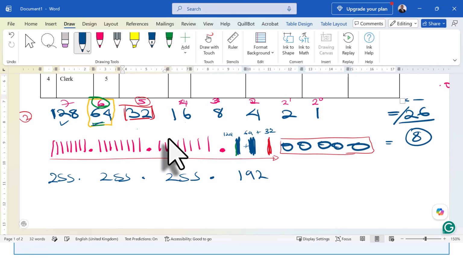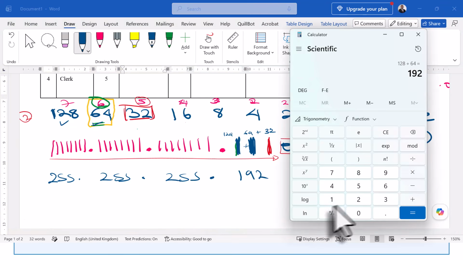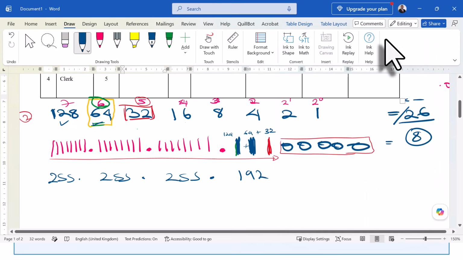So we can get our calculator. Let me get my calculator here on the computer. Bring it up. Get 128. We add on 64. We add on 32. So our new subnet mask will be 224, right, for this network.